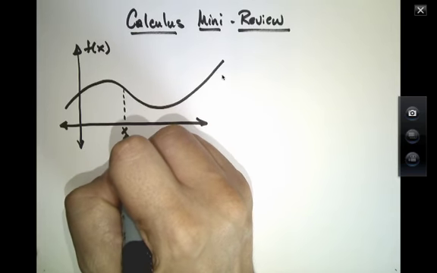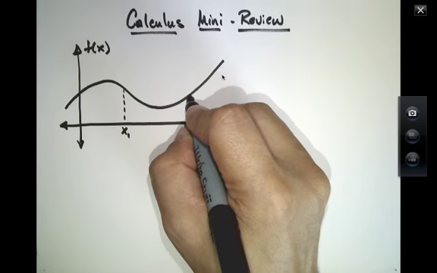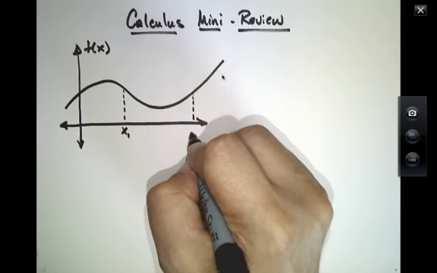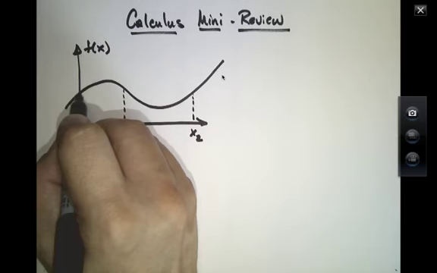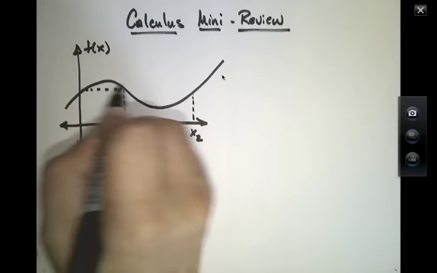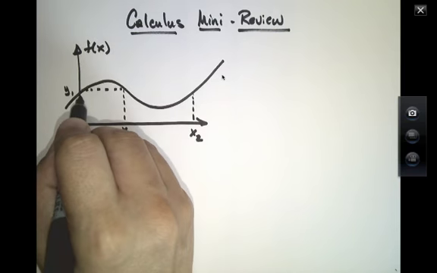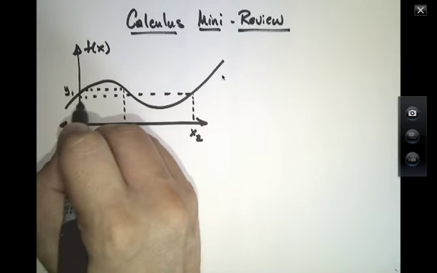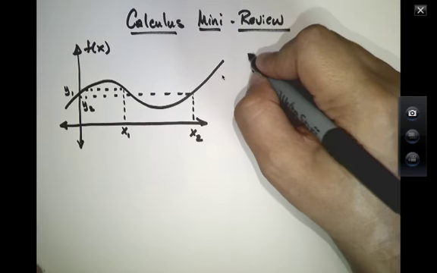Here might be a location x1 and another location x2. The function, of course, is defined as a set of ordered pairs, so it has a set of y values associated with those two x values. And we can talk about what's sometimes called the average slope.